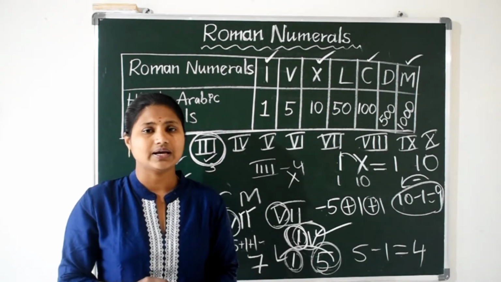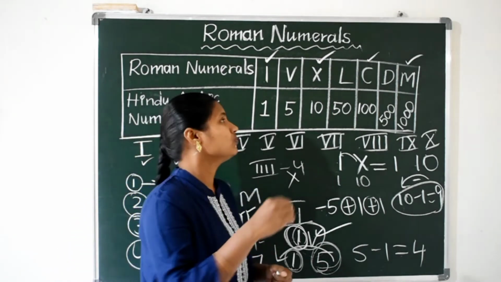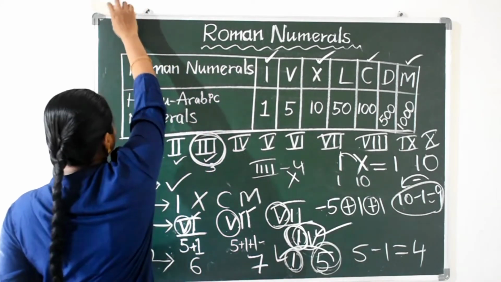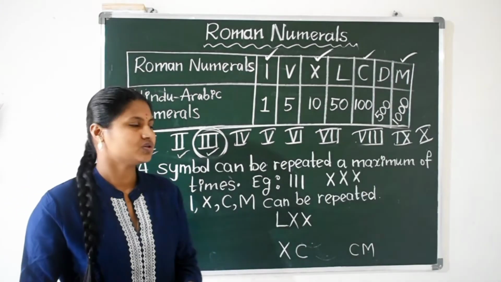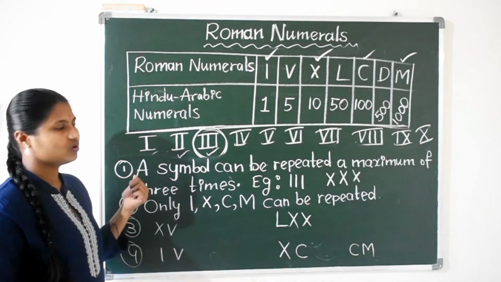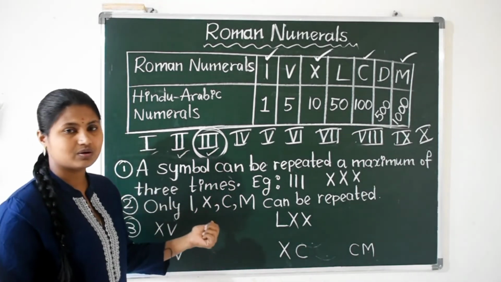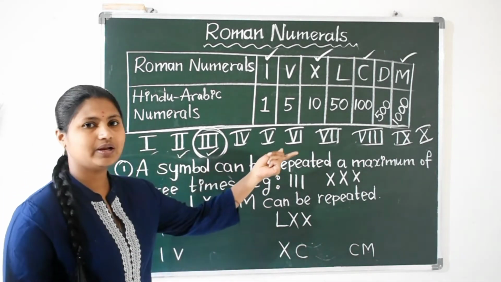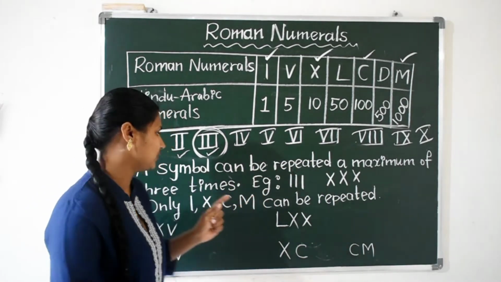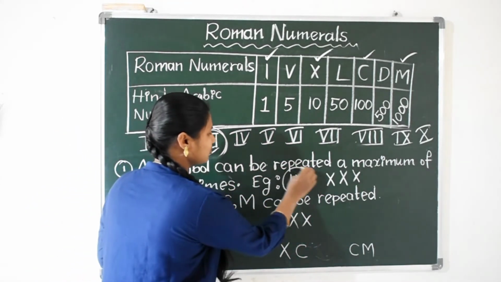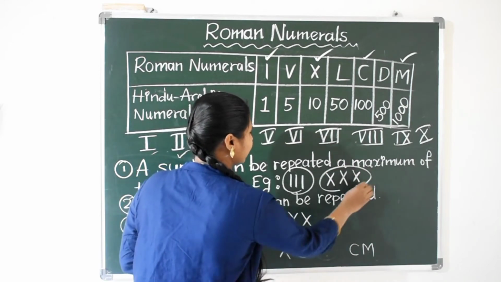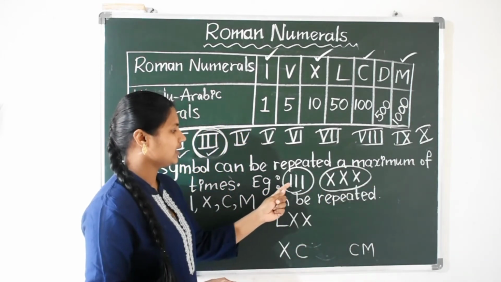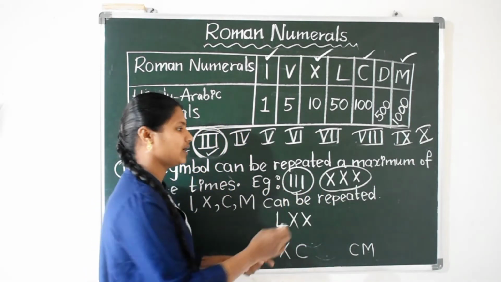Okay, I will write here clearly now. So see here, 4 rules to read and write Roman numerals. The first property is: a symbol can be repeated a maximum of 3 times only. This is an example, see here, III and XXX. III means number 3.